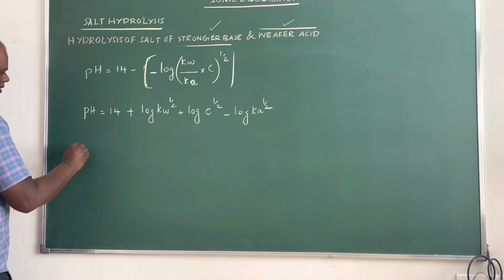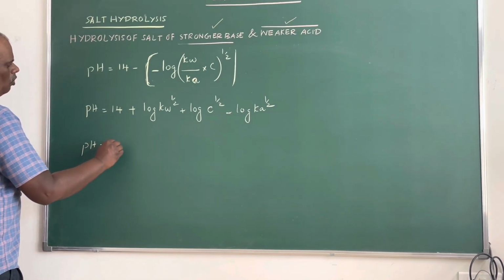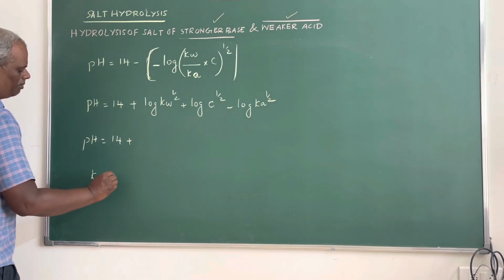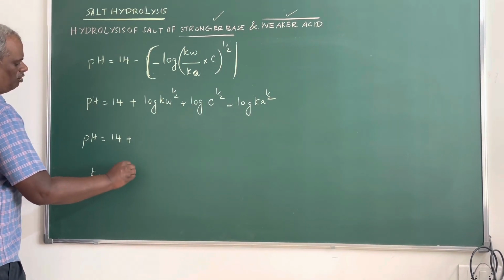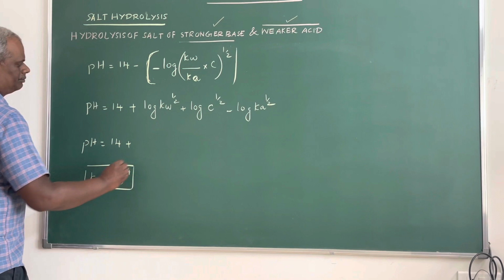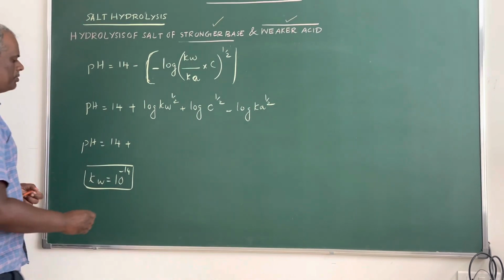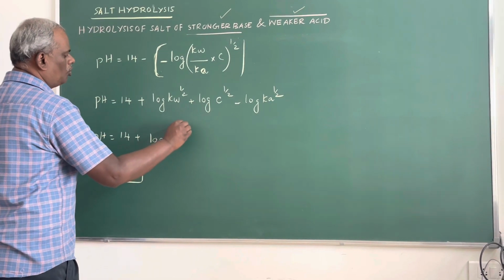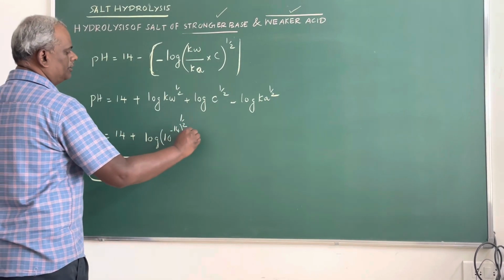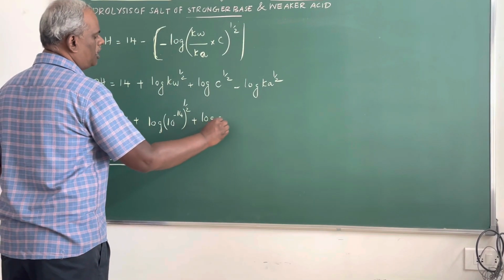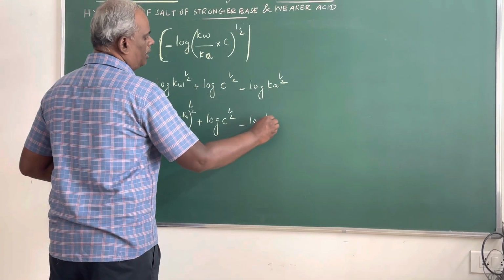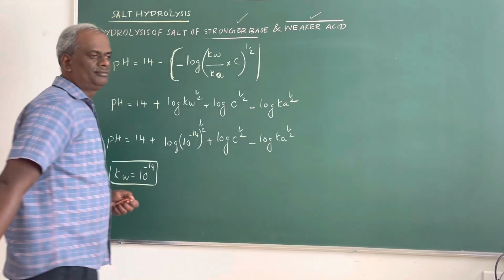And pH is equal to 14 plus, we know the value for Kw. Kw is nothing but 10 power minus 14, the ionic product of water. When you substitute that: log of 10 power minus 14 the whole power half plus log of C power half minus log of Ka power half.